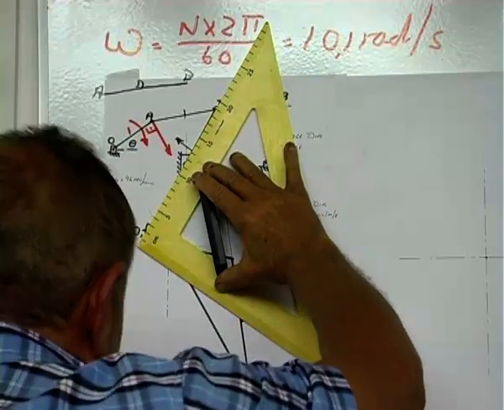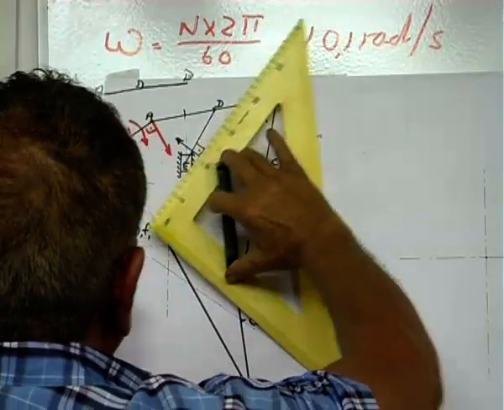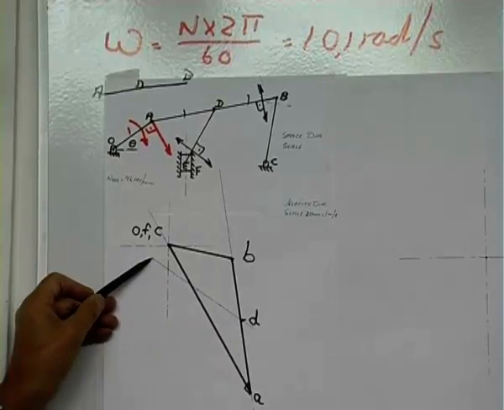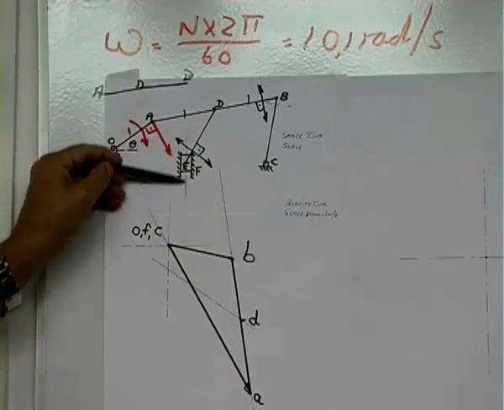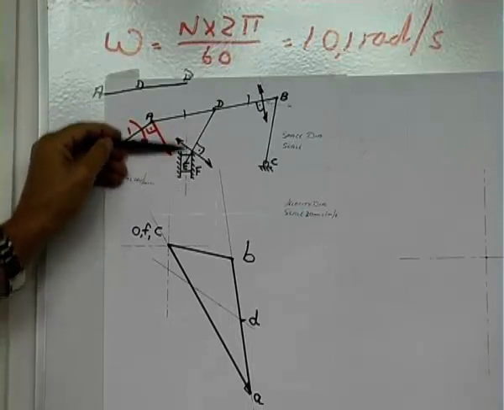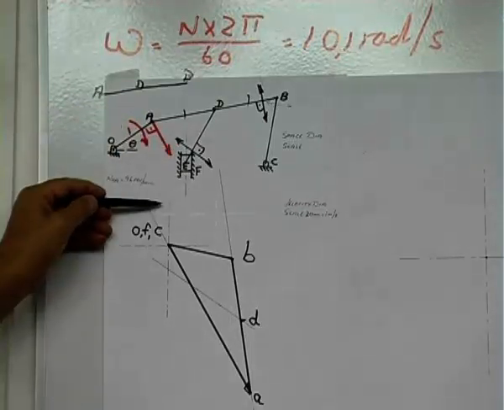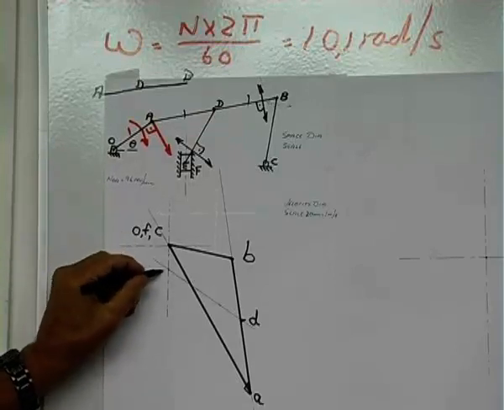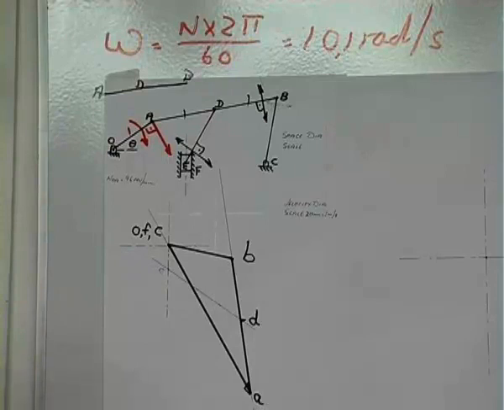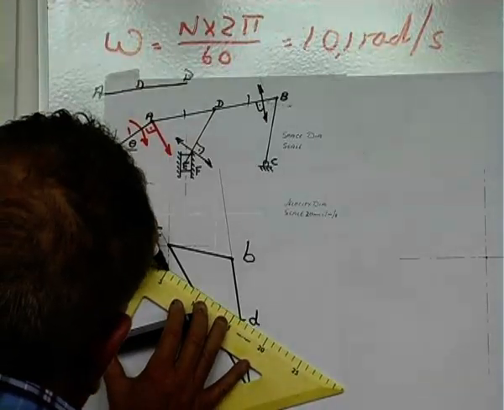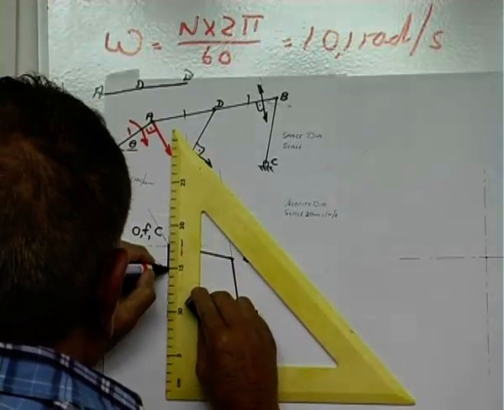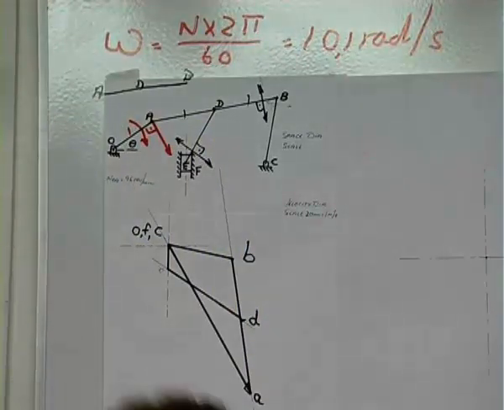We construct, again, a construction line. Somewhere on this line, we can plot E. But we know E is restricted to move only on the vertical axis. So on the vertical axis of my space diagram, we can plot E. So let's darken these lines. So your velocity diagram is complete.